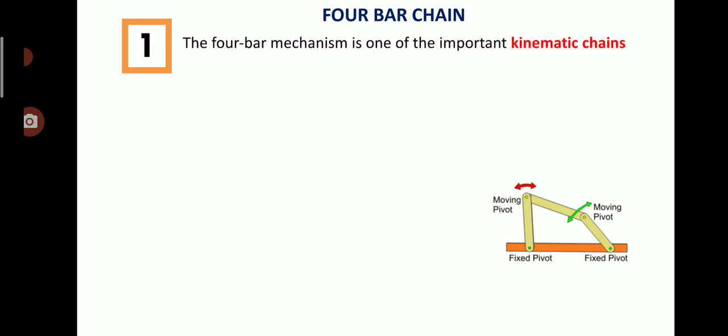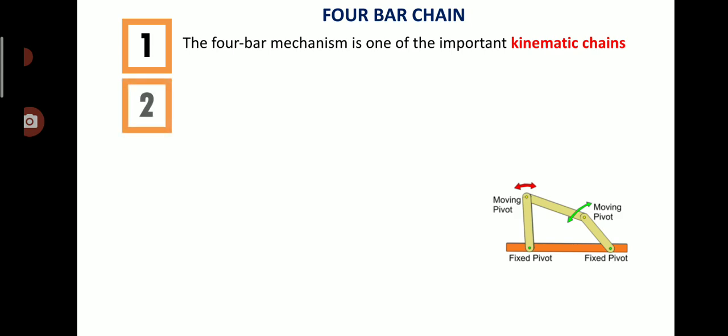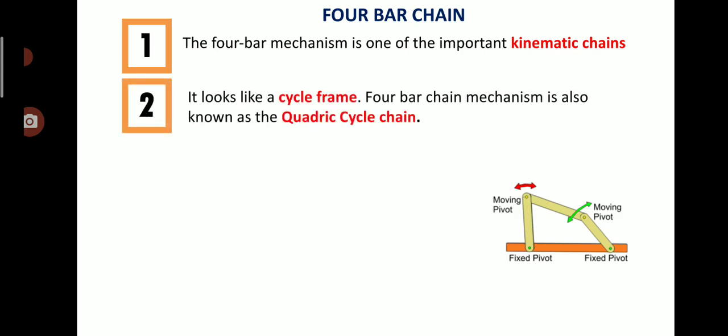The 4-bar mechanism is one of the important kinematic chains. It looks like a cycle frame, so the 4-bar chain mechanism is also known as quadric cycle chain.